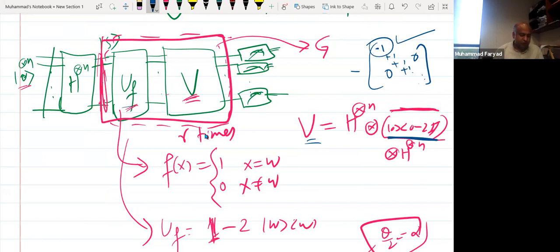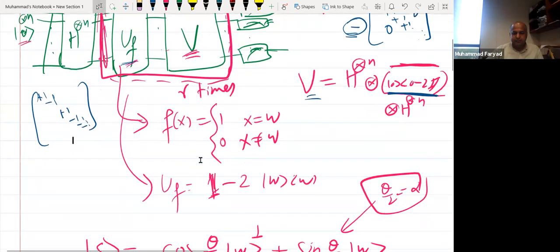The effect of this UF is that it doesn't mark the solutions, it marks everything other than the solutions, because of this minus sign appearing here. UF was marking some of the solutions and keeping everything else positive. But if this minus sign is coming, these two become positive, which are effectively the solutions, and everything else becomes negative.